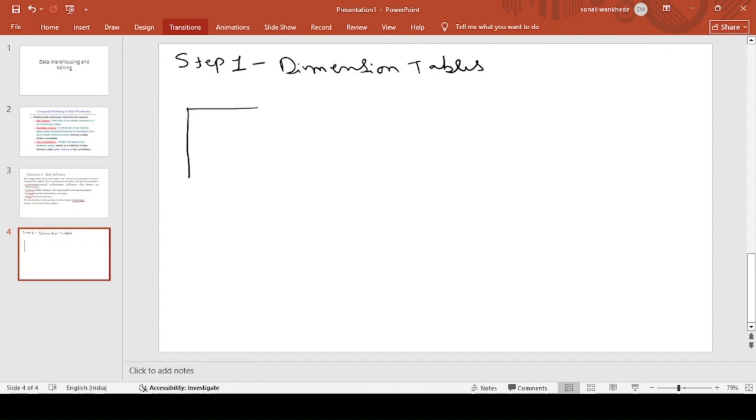The first dimension table is course section.